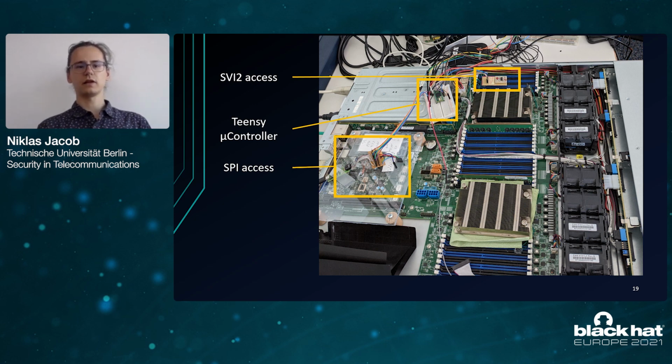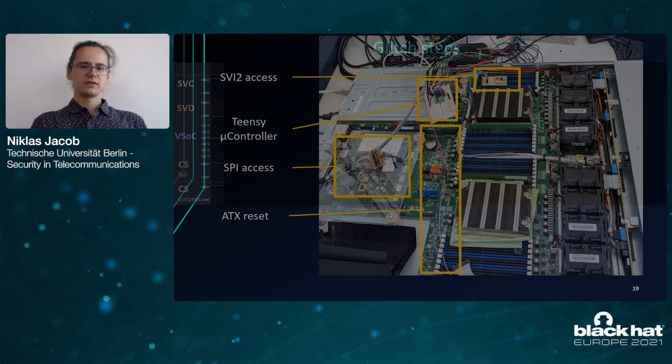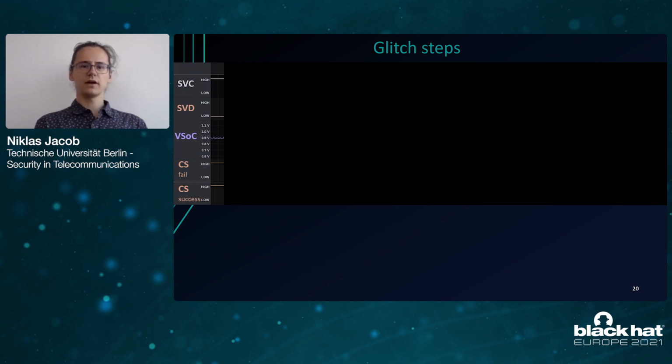You can see there's also a little external dongle with an external flash chip so that we can easily replace the flash contents via USB from our attacker machine. The last piece in the puzzle is this dodgy looking wire here, which connects the TNC to the ATX reset line.